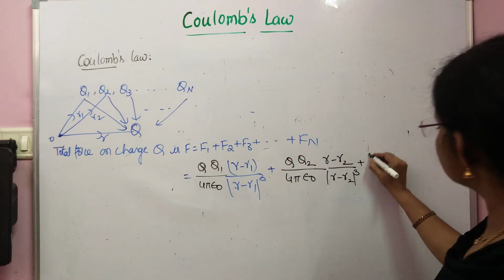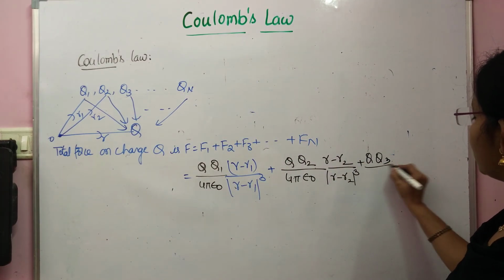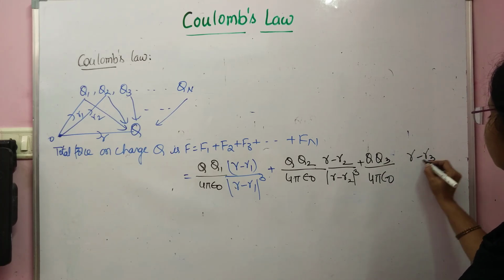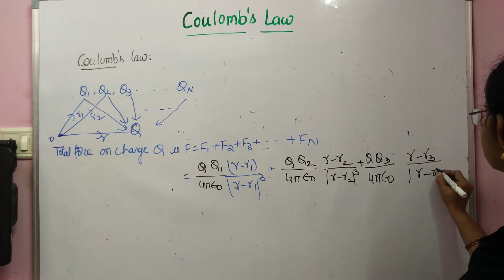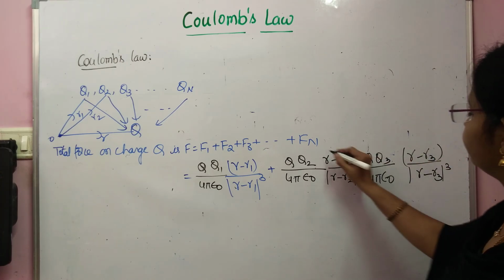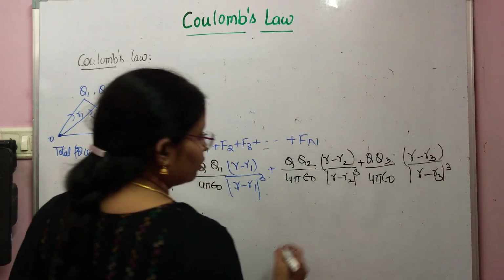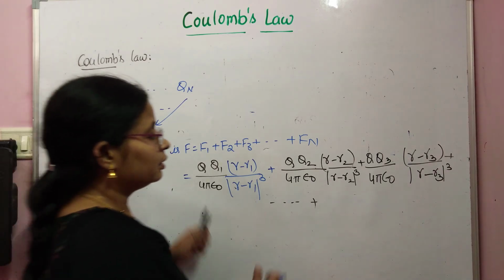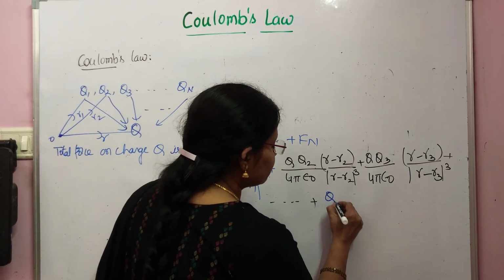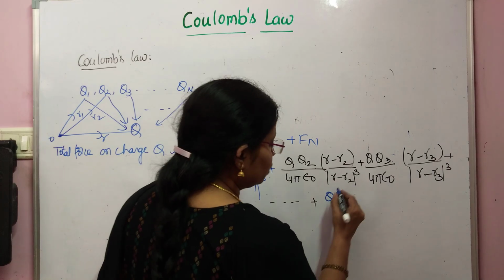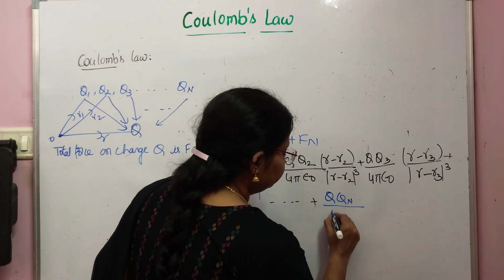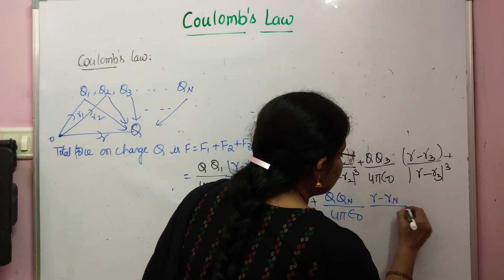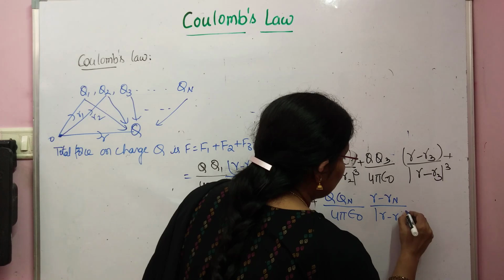If you extend this, Q3 divided by 4 pi epsilon naught, that is R minus R3 divided by mod R minus R3 whole cube, plus and so on. The last one is for the charge Qn by 4 pi epsilon naught, R minus Rn by mod R minus Rn whole cube.